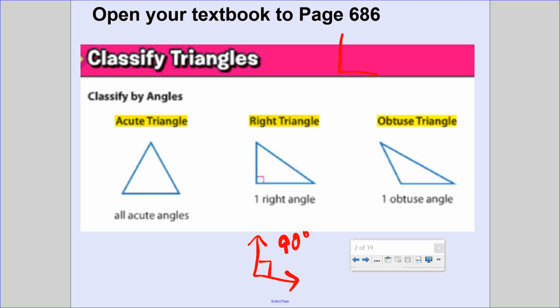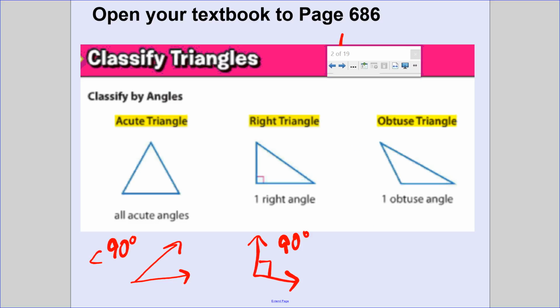If you have an angle that is less than 90 degrees, it is called an acute angle. And if you have an angle that is more than 90 degrees, then it would be called an obtuse angle.